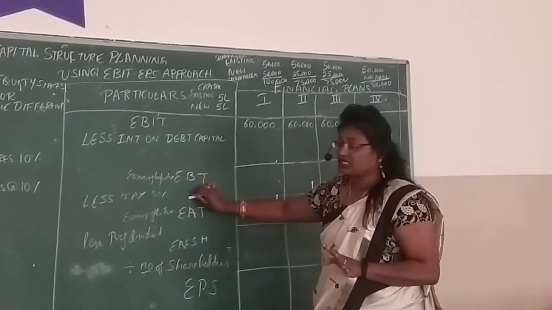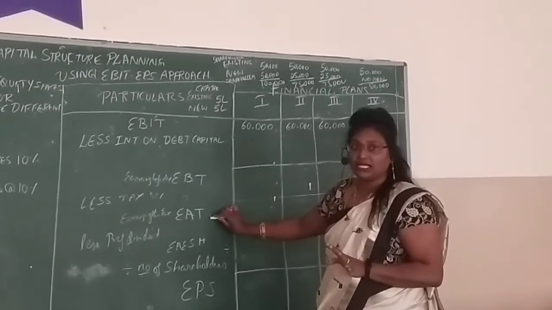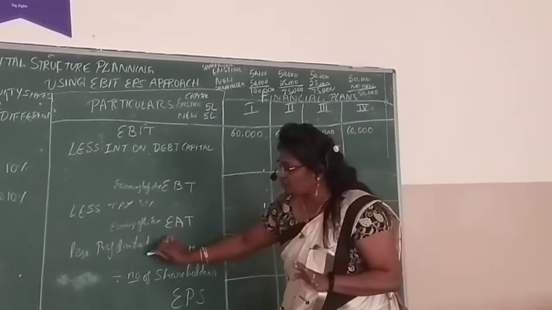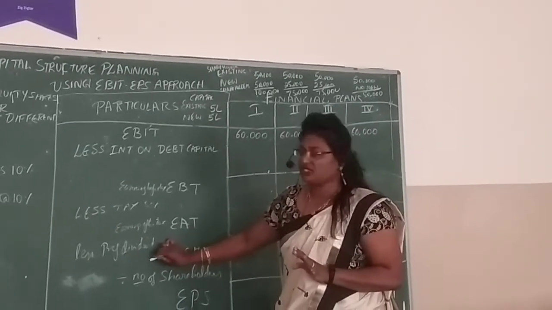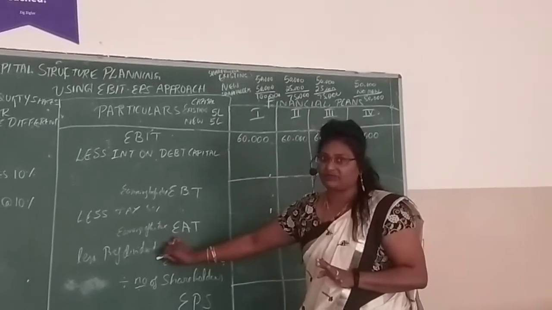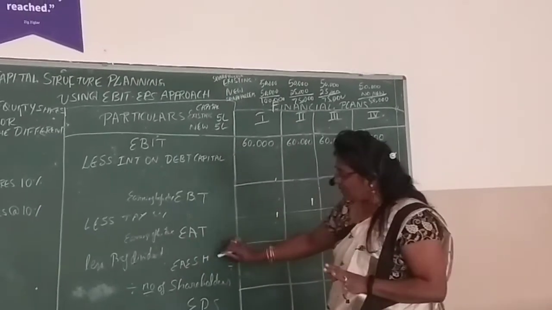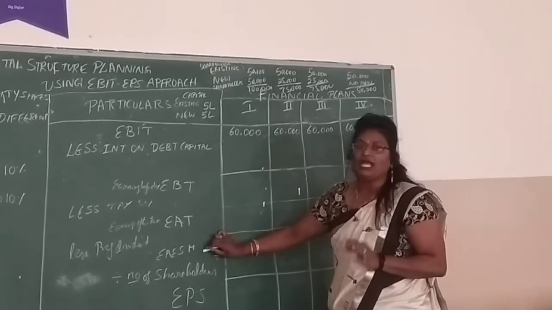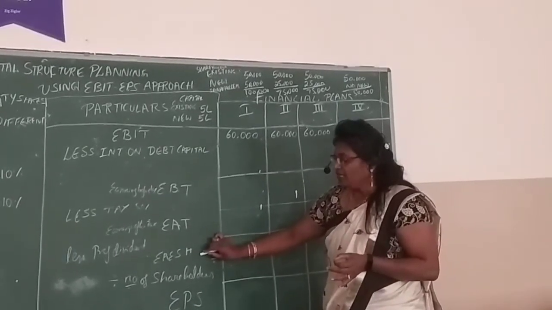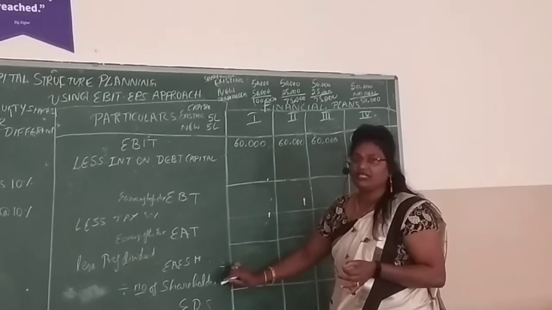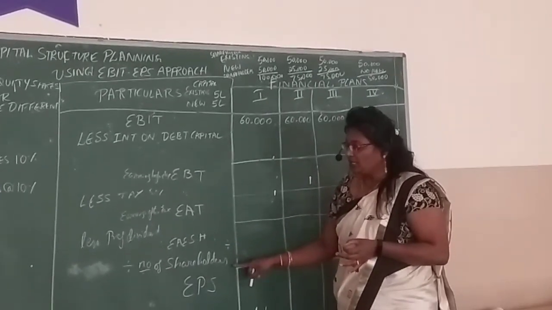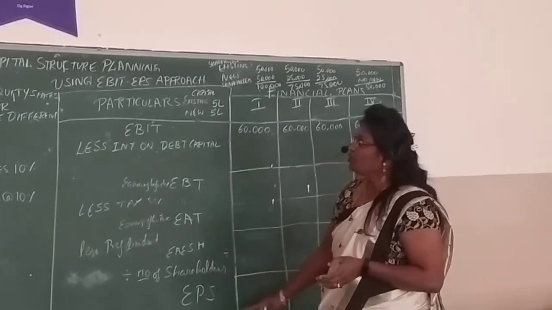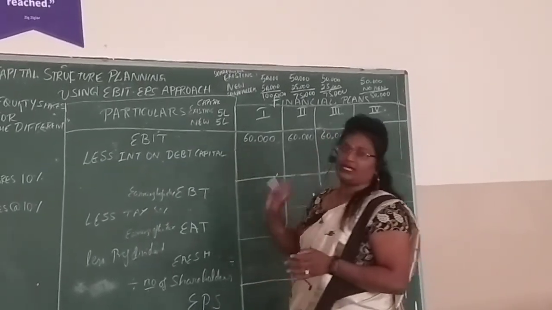After paying tax, we get EAT, which is earnings after tax. Then we need to pay preference dividend. So we subtract the preference dividend, and then we get EASH, that is earnings available for equity shareholders. Then we divide by the number of shares, and we get EPS.